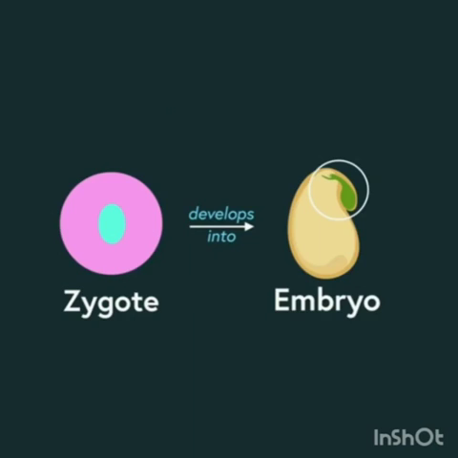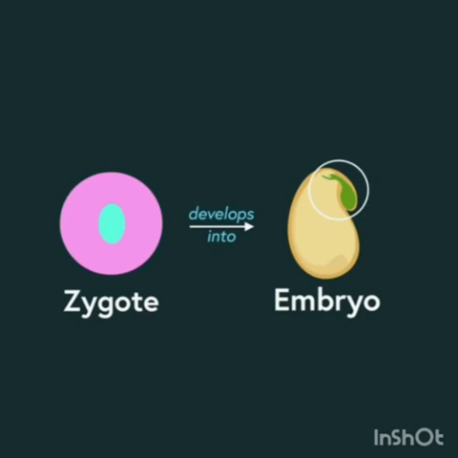What is a zygote? It is a single cell structure formed from the fusion of male and female gametes. This single cell further develops into an embryo. What is an embryo? It is the structure that will further develop into an organism.